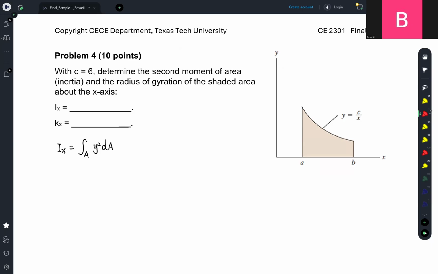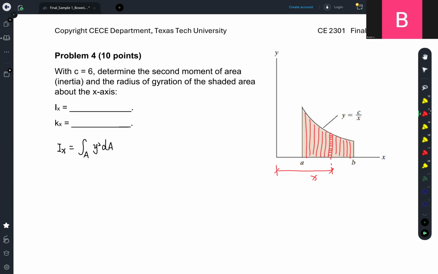We divide the area into several infinitesimal areas, or slices. A specific slice is located by its x coordinate, and we further divide it along the y direction into infinitesimal areas.